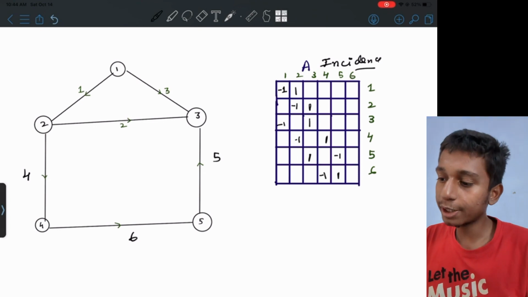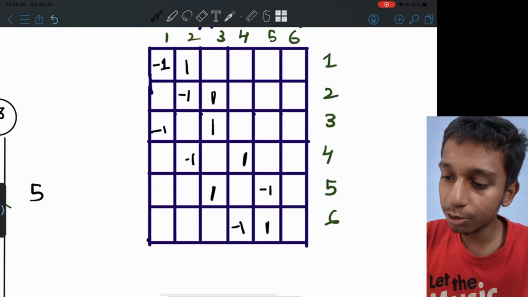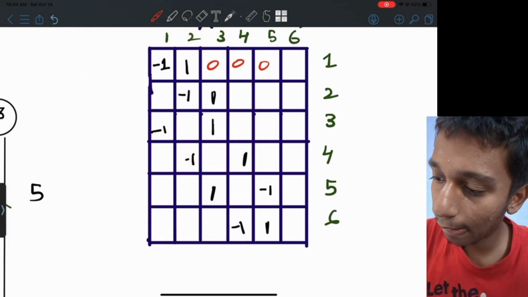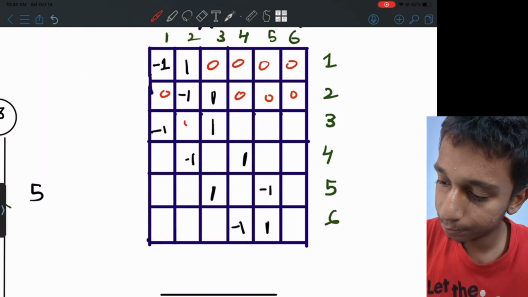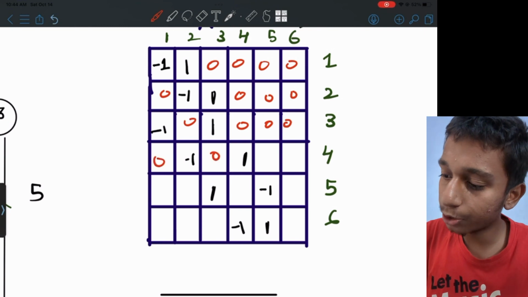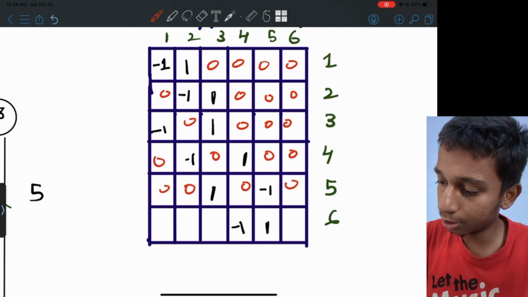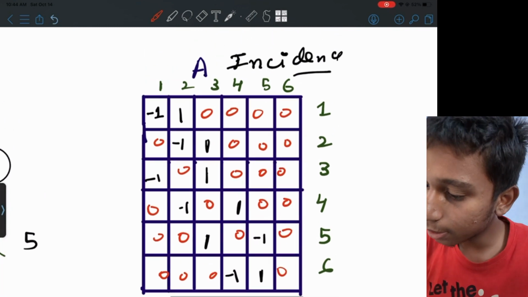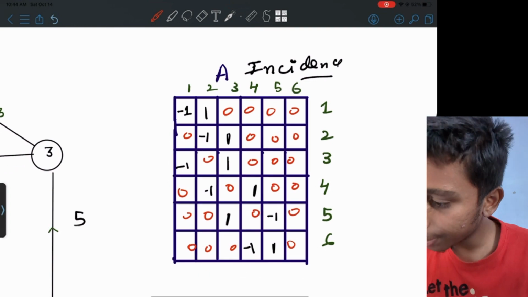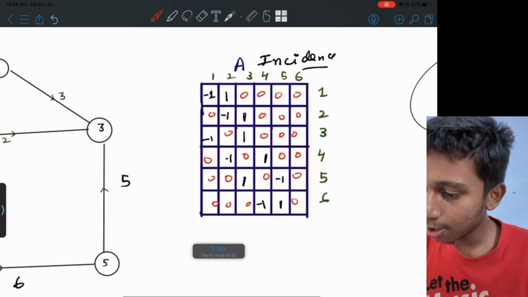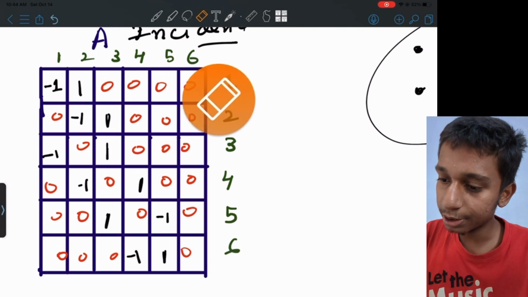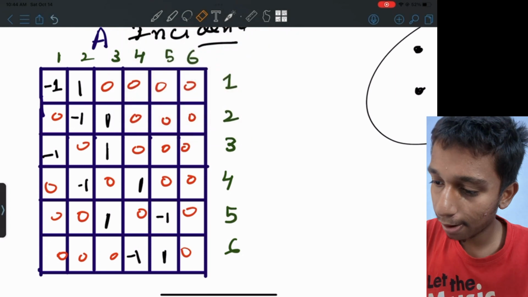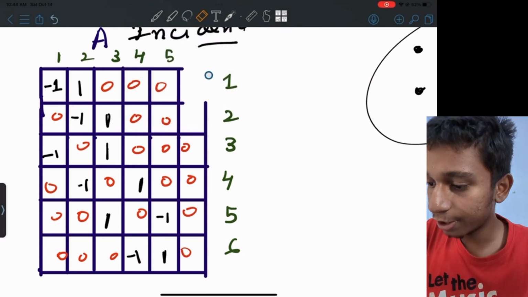And the remaining entries would be the trivial value 0. I need not even specify that, because the corresponding edges do not touch the vertices. Wait a minute, I do not actually need this sixth vertex index because there are only 5 vertices in my graph.